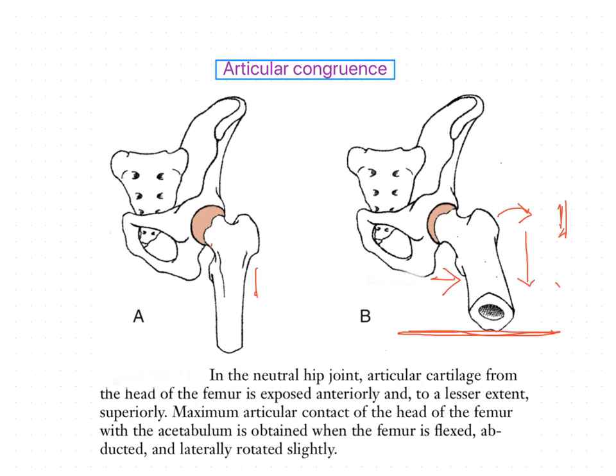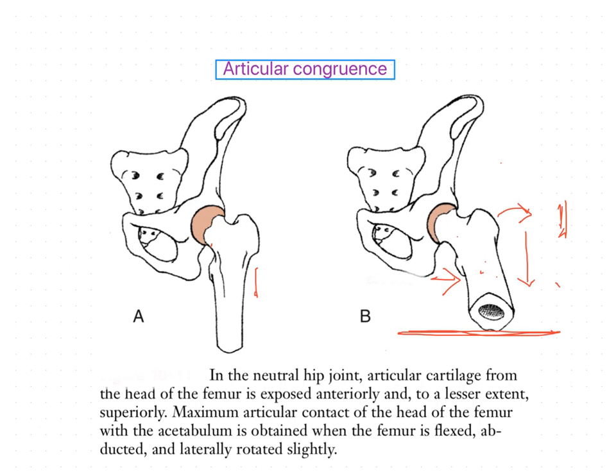So the articular congruence, the contact between the femur and acetabulum, can be increased when the femur is flexed, abducted, and laterally rotated slightly.